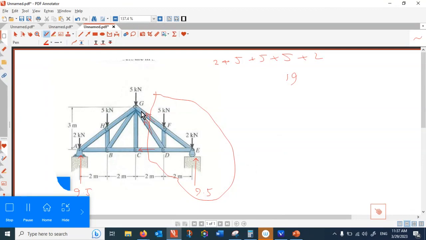Here, once you take the rotation with respect to G, you find FDC. Once you take the rotation with respect to point D, you find FG. The only thing you have to calculate is that normal distance here. That angle is workable, and you have this hypotenuse, so you can easily find it. This is a relatively easier problem compared to the previous one.